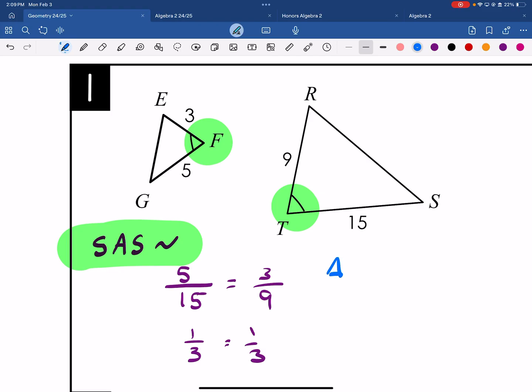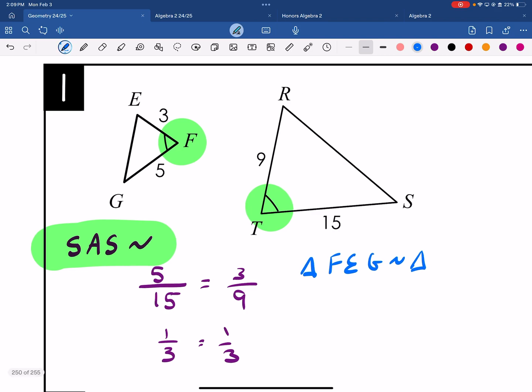So triangle, I'm going to start with F. I'm going to go F, E, G is similar to triangle. Which one corresponds to F? T?